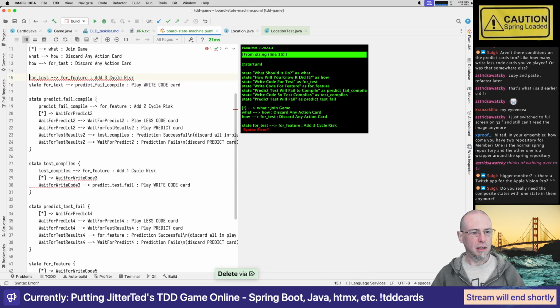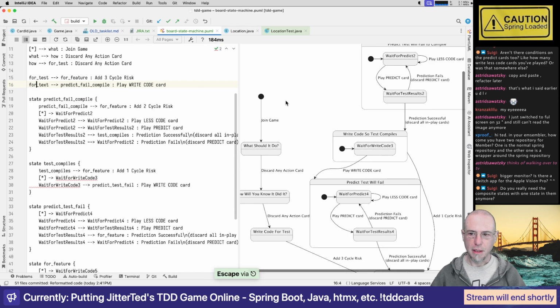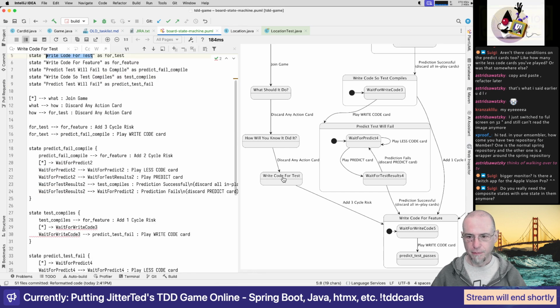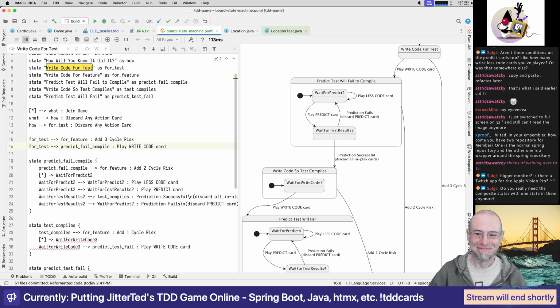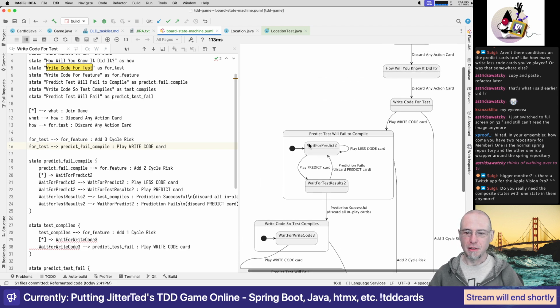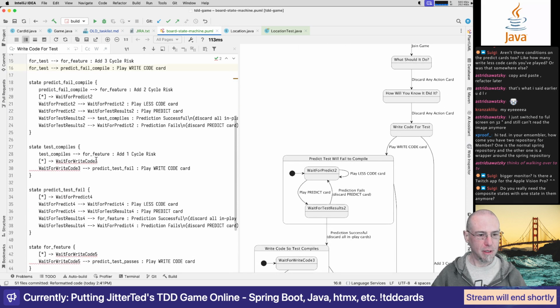Oh, I don't need state here. There we go. So let's see. So how does that look? What happened to the... Oh, because I misspelled test. Right. So now you've got two options. You can either go the long way or go the quick way, the risky way. Yes, much better.